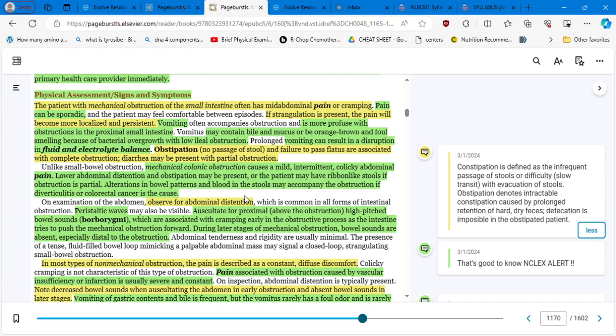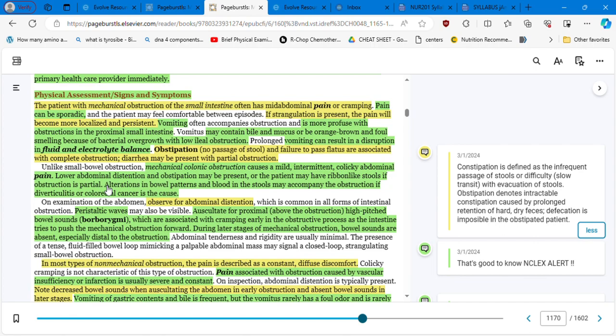So that's the difference. Mechanical colonic obstruction means that there is a physical obstruction, which causes mild, intermittent, colicky abdominal pain. Lower abdominal distension and obstipation may be present, of course, because there is something physical that is causing the obstruction. Or the patient may have ribbon-like stools if the obstruction is partial.